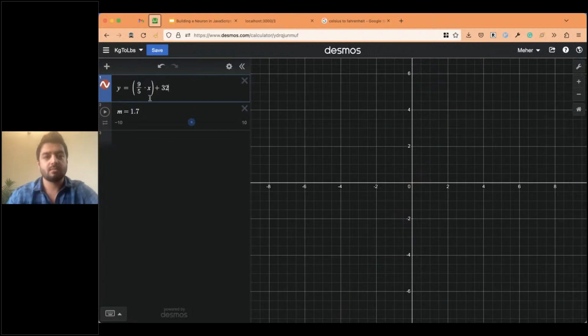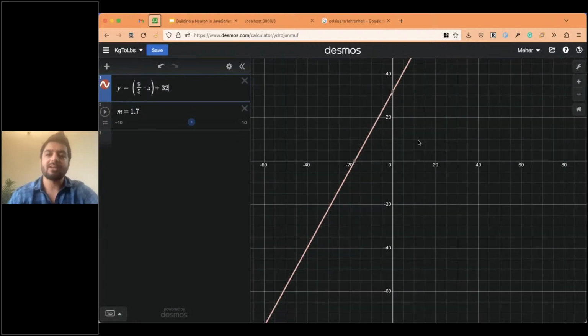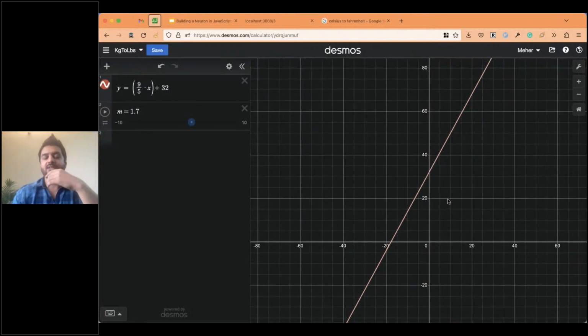Okay, the line is here. This is the relationship between Celsius and Fahrenheit. If you don't have this plus term, you will never get the right answer, because for 0 Celsius, the Fahrenheit is not 0. These are data sets, or equations, which have such a relationship.